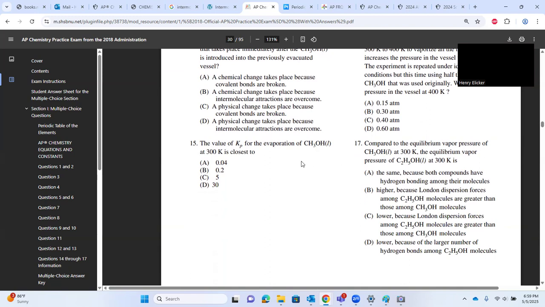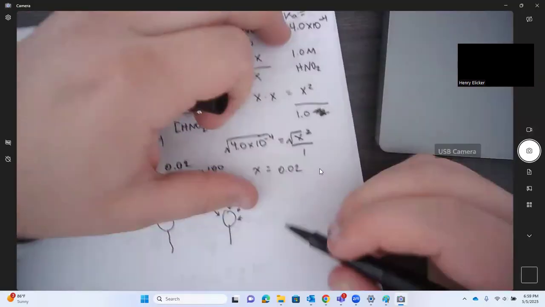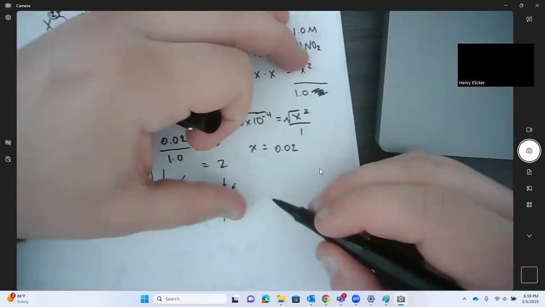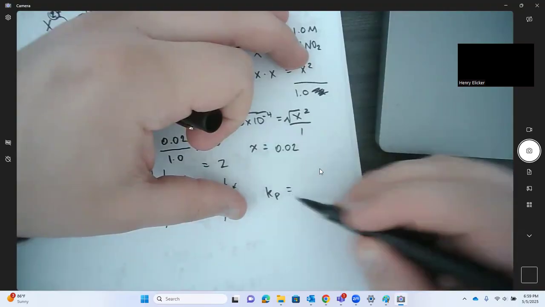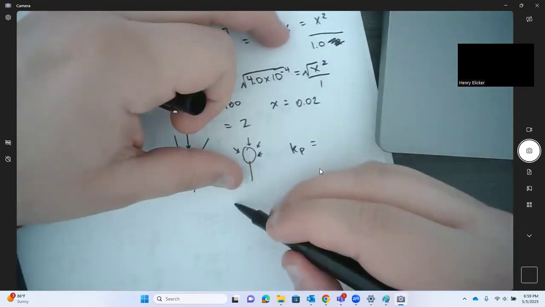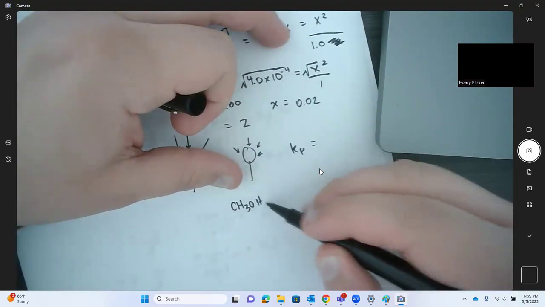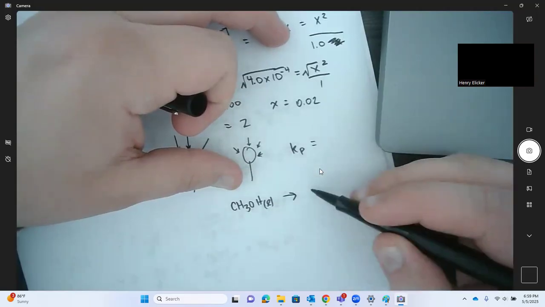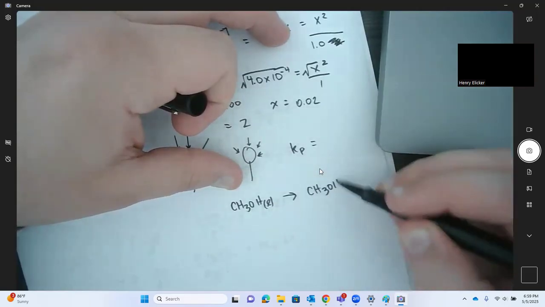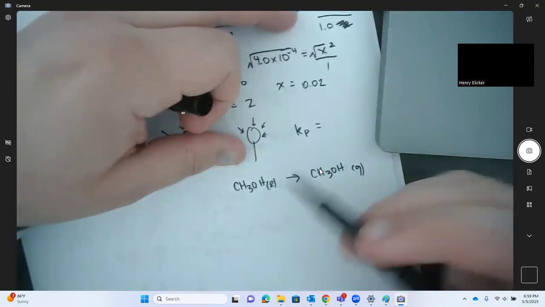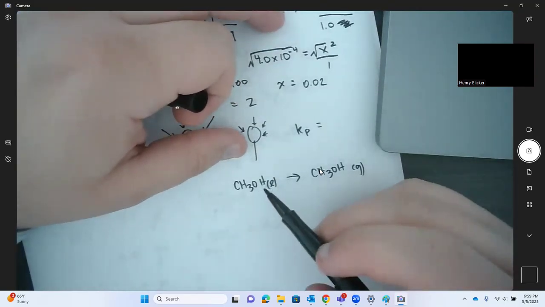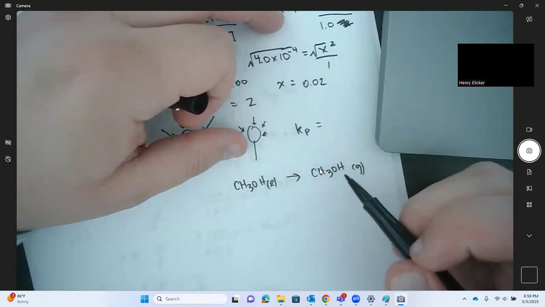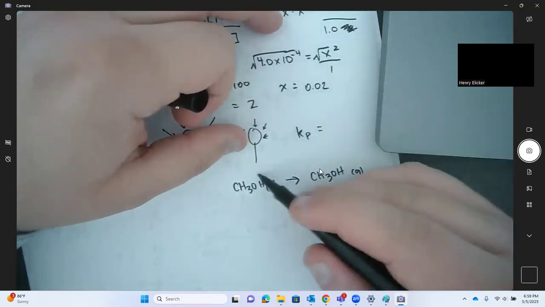All right, 15. The value of Kp for the evaporation. Kp is products over reactants. But when you look at this, it's CH3OH liquid turning into CH3OH gas. And you don't count liquids in your equilibrium expressions, only gases and aqueous solutions.